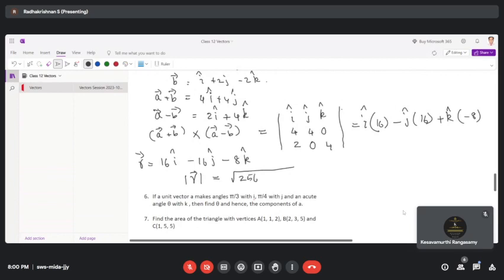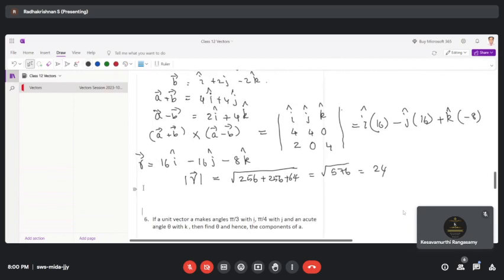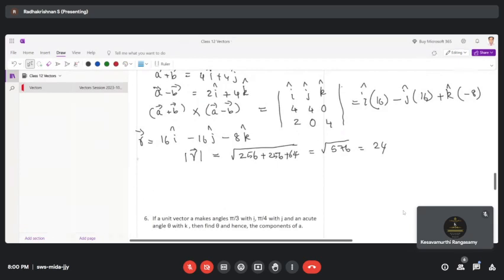Root of, right? 16 square plus 16 square plus 8 square. So 512, 64, 576. Therefore, unit vector in the direction of R equal to 16 by 24. I'm simplifying, okay? Minus 16 by 24. 8 by 24.